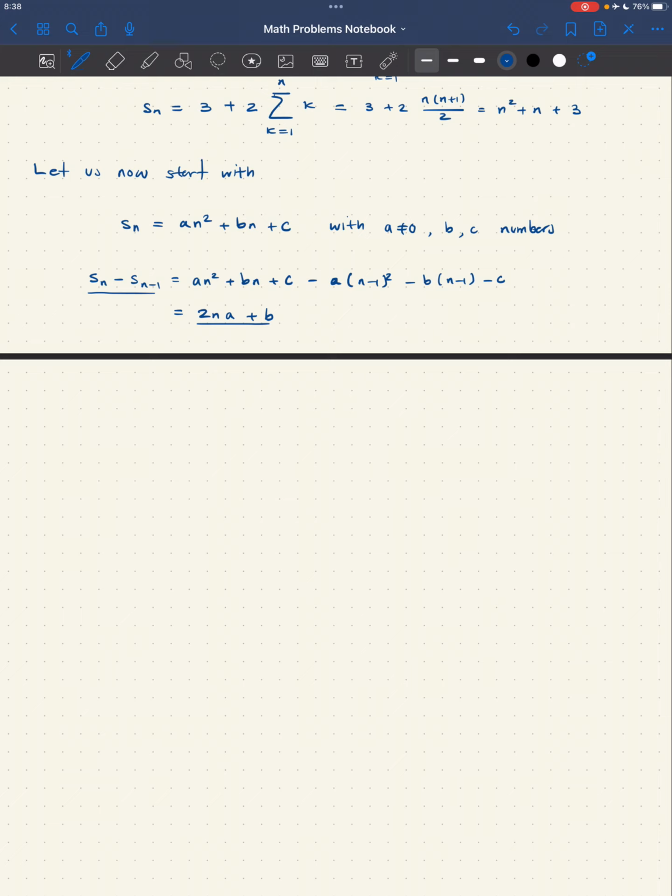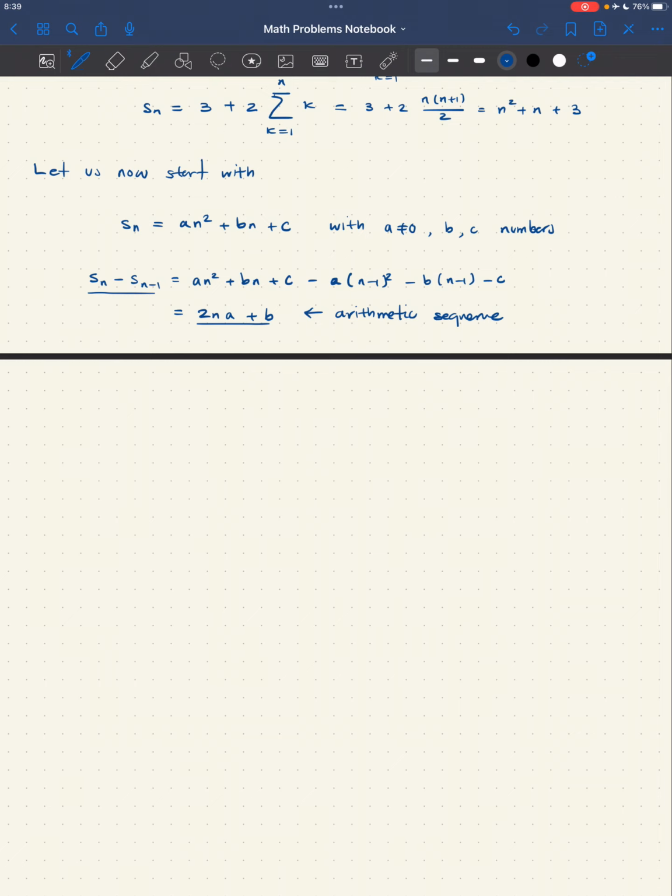So, what is this saying? Let me write it here to keep it in mind. If I were to take the differences of this, well, now it will turn out to be a constant sequence. In other words, if I start with a quadratic polynomial, then I take consecutive differences. That produces a new sequence.